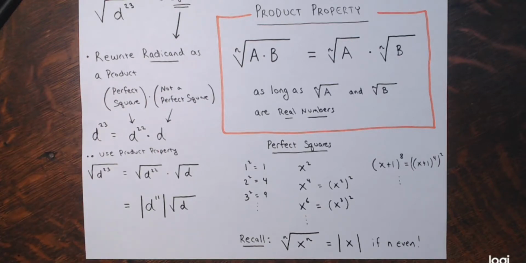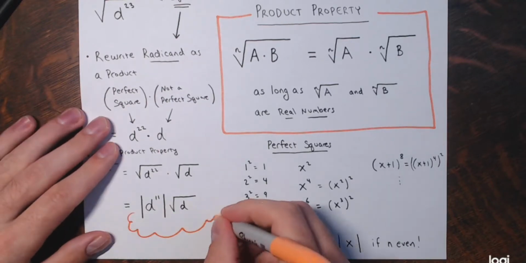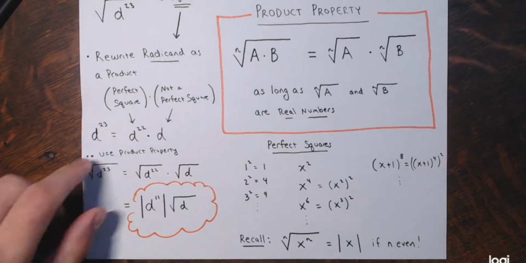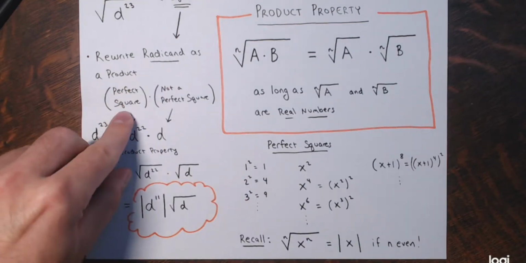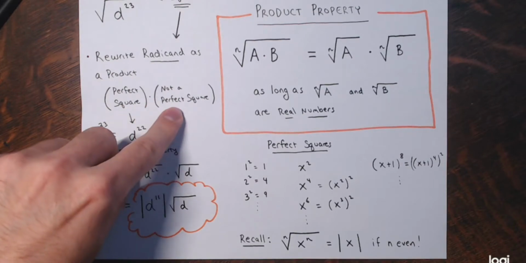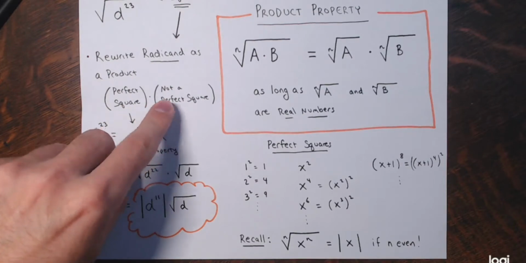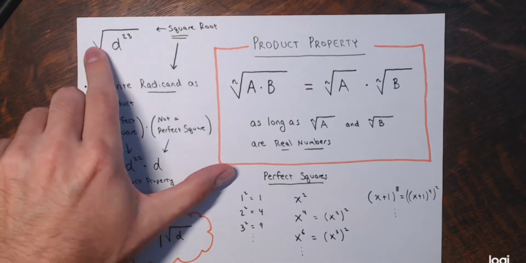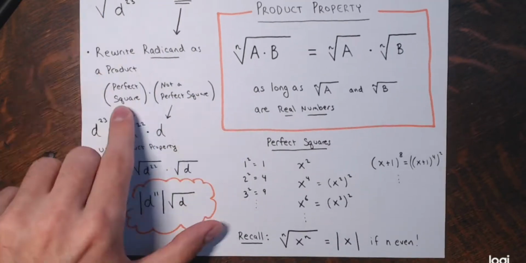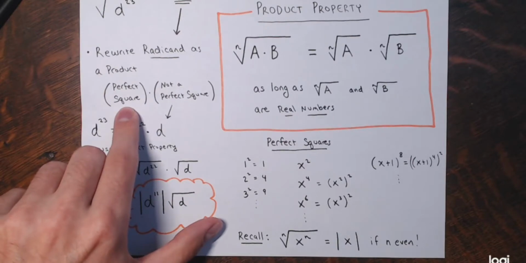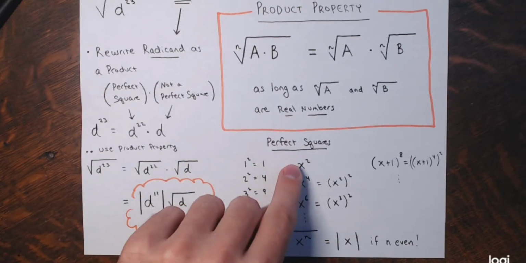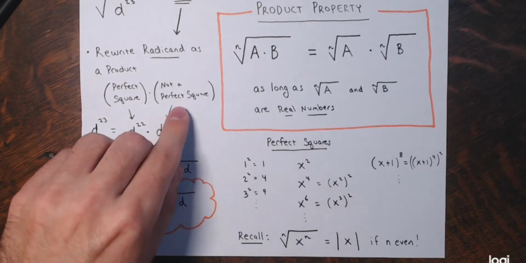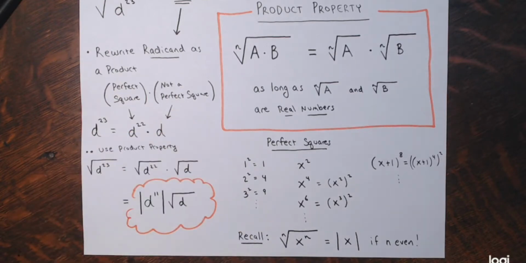And this is what I'm going to type. Now for this example, I was writing the radicand as a perfect square times a not perfect square. If this were a cube root, with an index of 3, I'd be writing the radicand as a perfect cube, where the power is a multiple of 3, times a not perfect cube, and then using the product property.